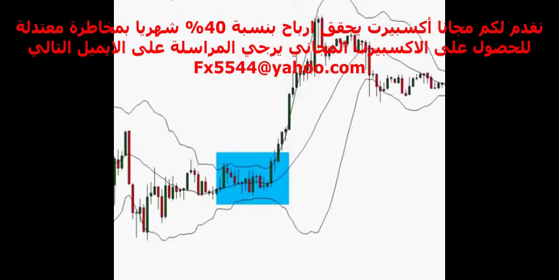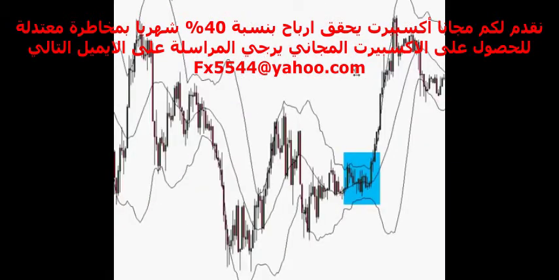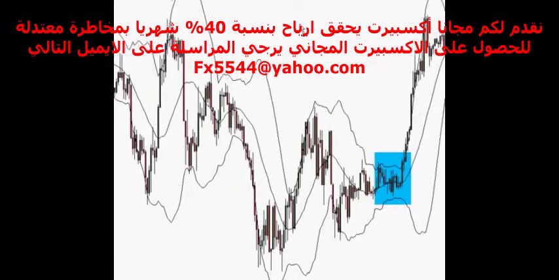But the way I like to look at Bollinger Bands is to understand where price has come from in relation to the break.